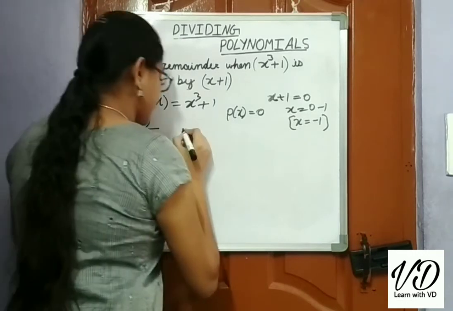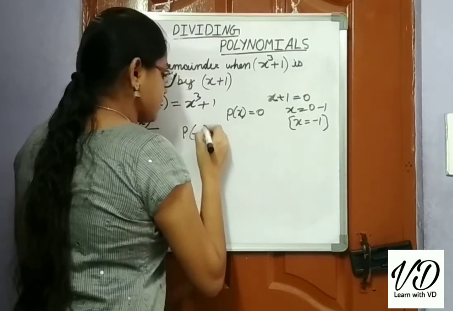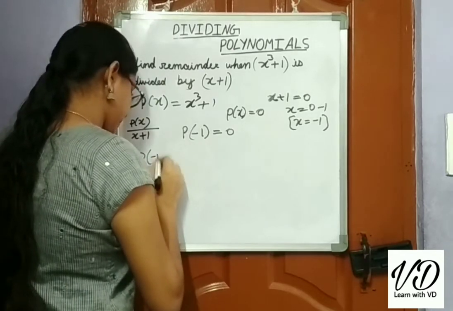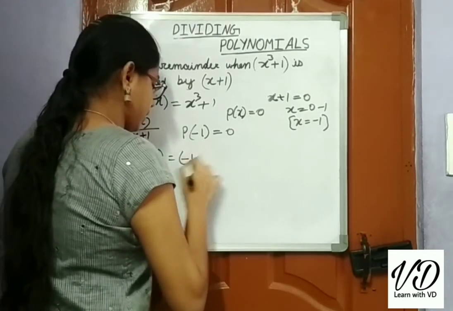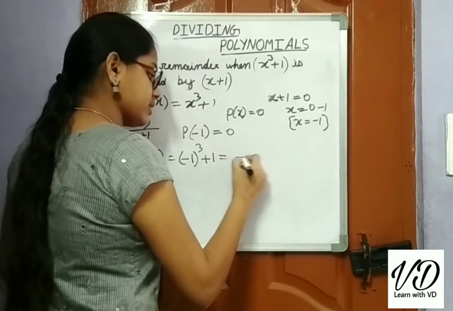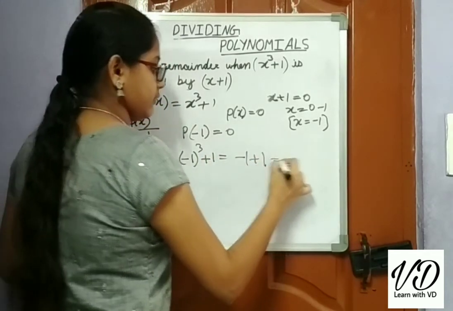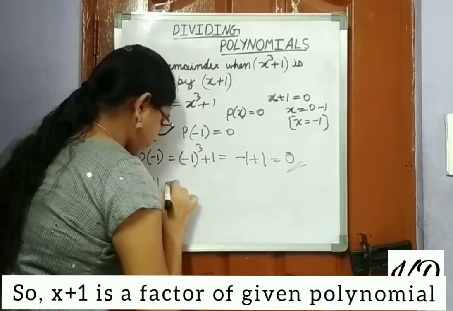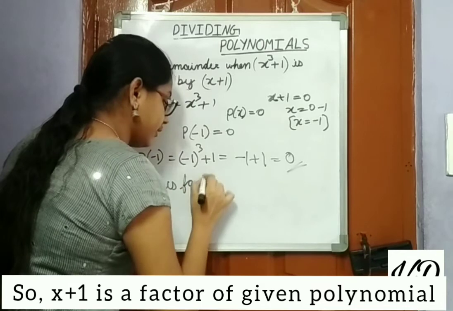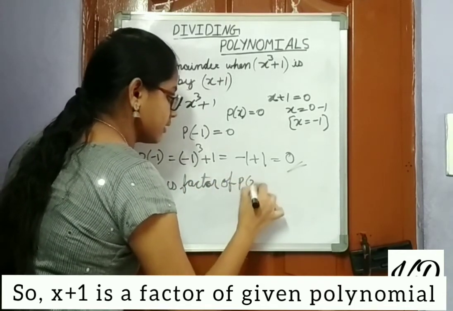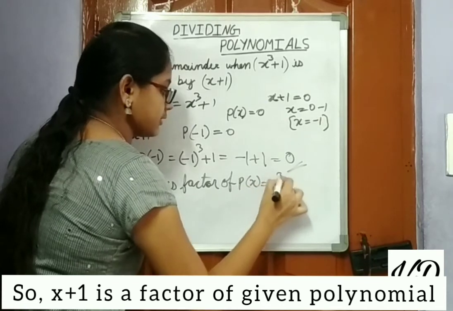Now let's see whether p of minus 1 is 0 or not. p of minus 1 will be minus 1 whole cube plus 1. Minus 1 whole cube is minus 1, plus 1. We get 0 here. So x plus 1 is a factor of p of x, that is x cube plus 1.